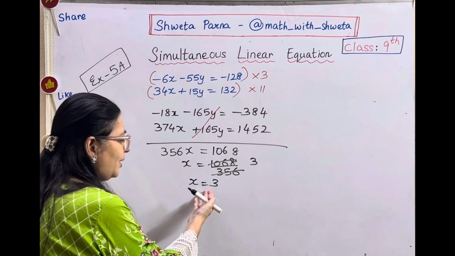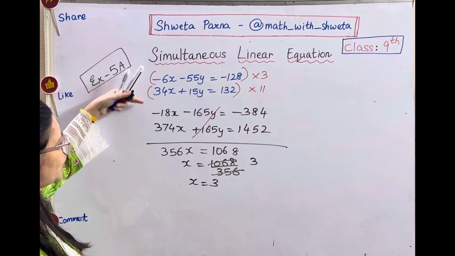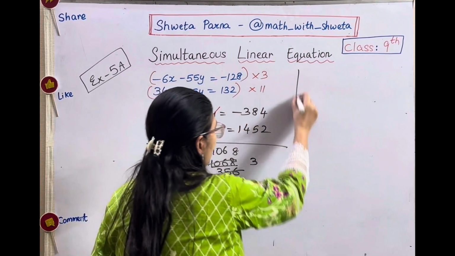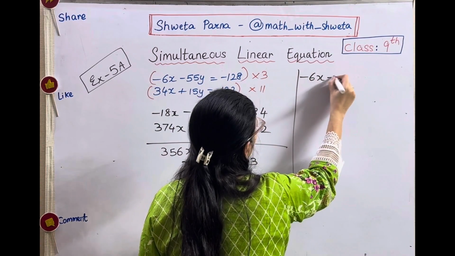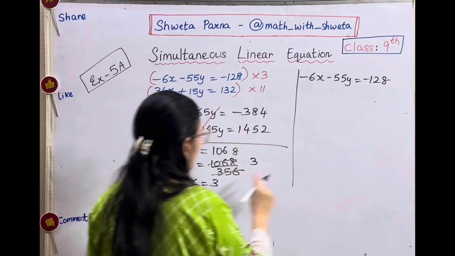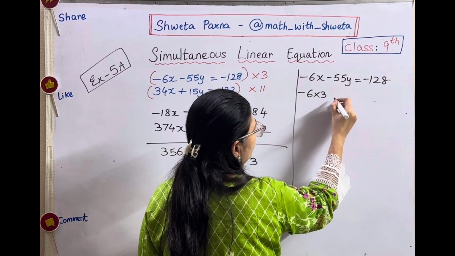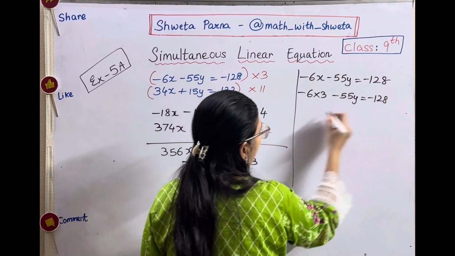Okay, now using this value you can put it in any equation, either in this equation or in this equation, and get the value of y. Say I find this easier, so I will take minus 6x minus 55y is equal to minus 128. Value of x is 3. So minus 6 into 3 minus 55y is equal to minus 128.